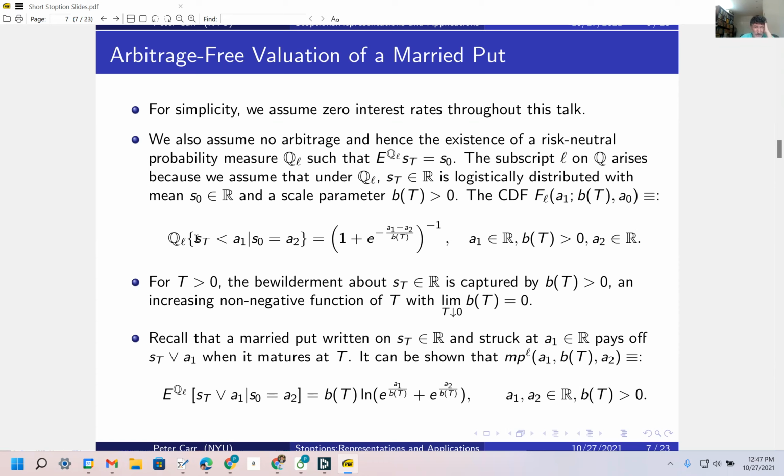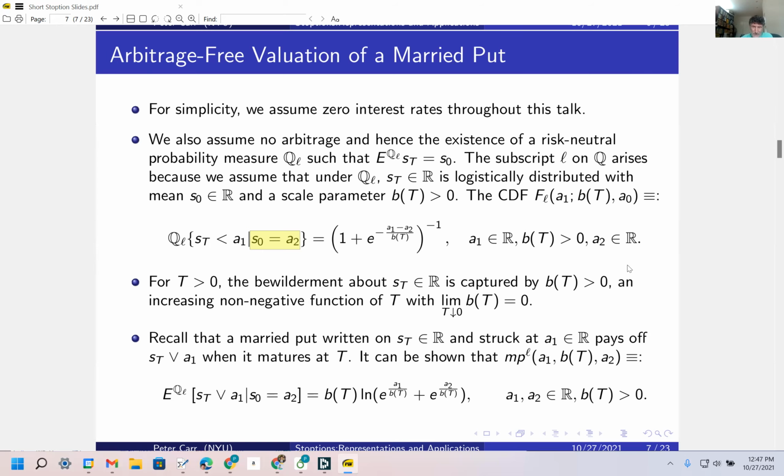So the probability that a logistically distributed random variable S is less than some threshold A1, conditional on the mean being some number A2, is given by the quantity on the right. That's a fairly simple expression, obviously not involving any integrals. And we could differentiate that to get the density, no problem.